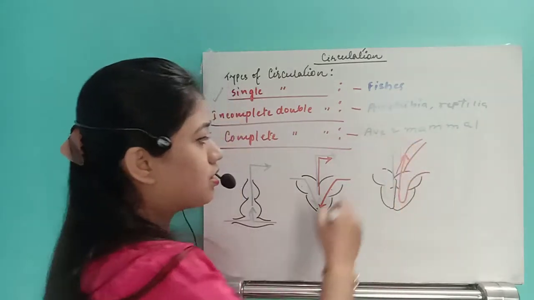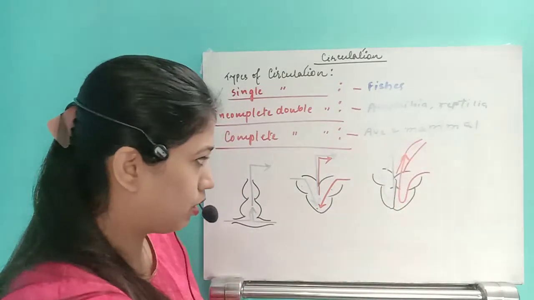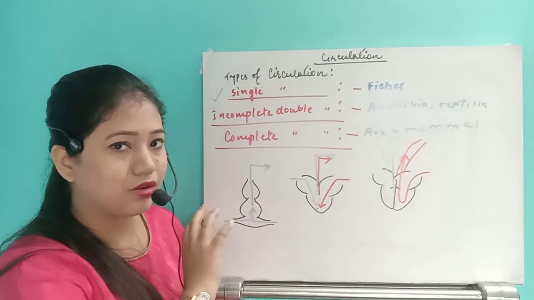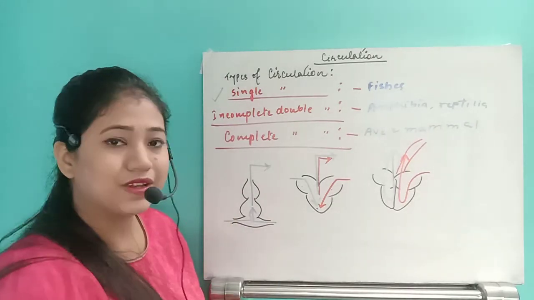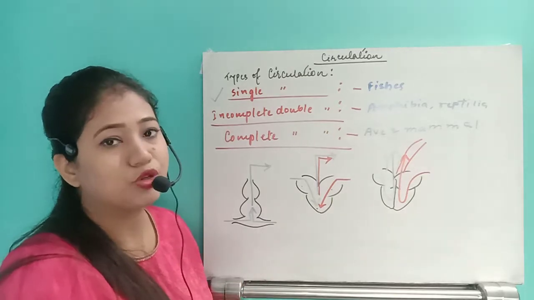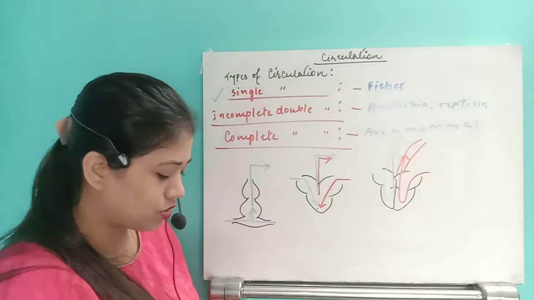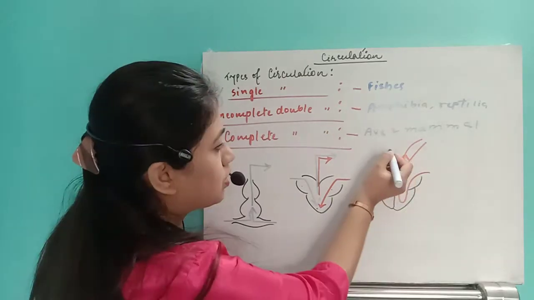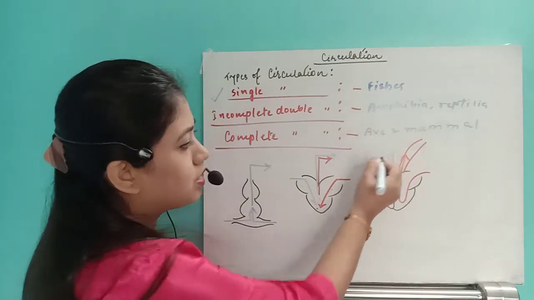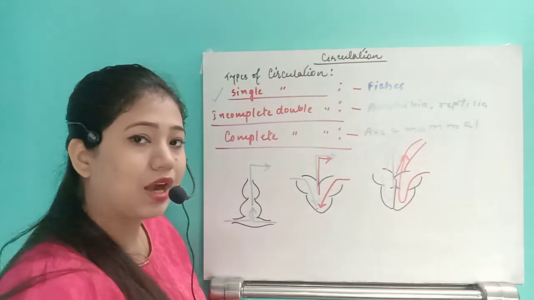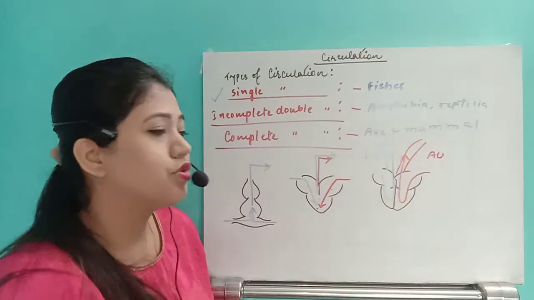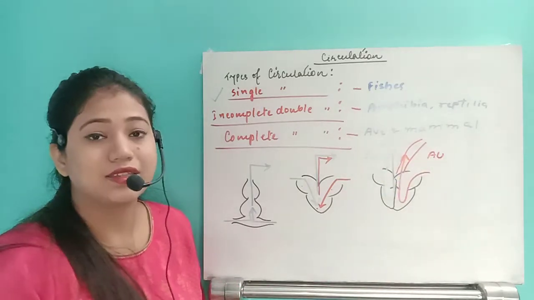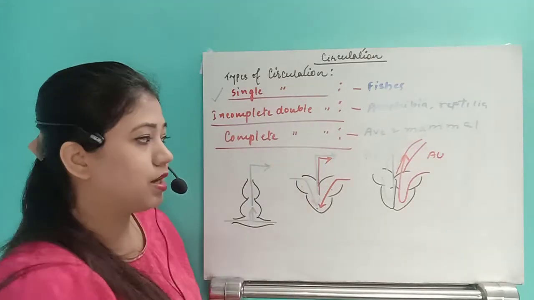Oxygenated blood will not enter the other part, and the deoxygenated blood will not go to the oxygenated region. Separate blood vessels are there. Through the pulmonary artery only the deoxygenated blood is pumped out, and from the systemic artery only the oxygenated blood is pumped out. That is called the complete double circulation.